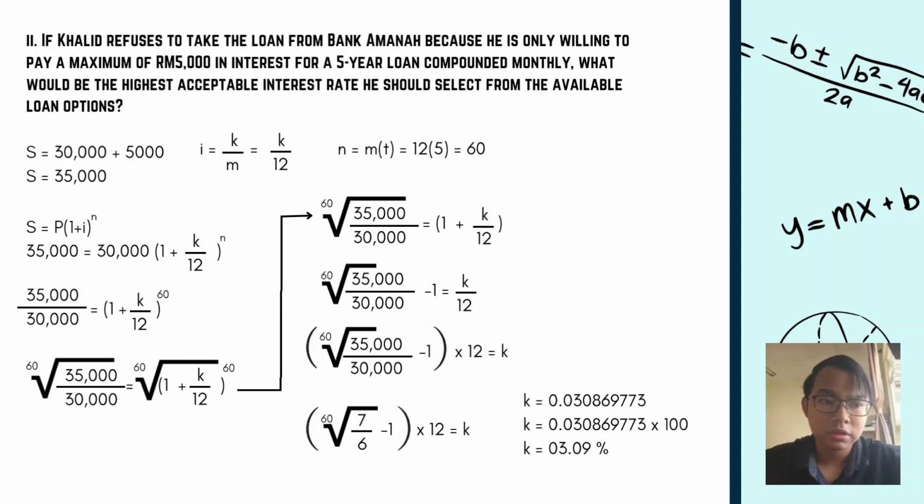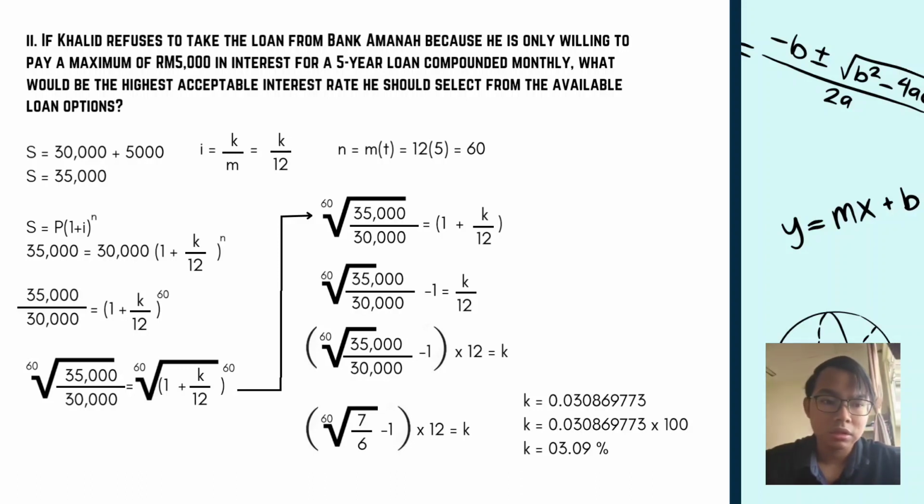To find S, you must find S equals 30,000 plus 5,000 ringgit, and S equals 35,000 ringgit. I equals K over M equals K divided by 12, and N equals M times T equals 12 times 5 equals 60.